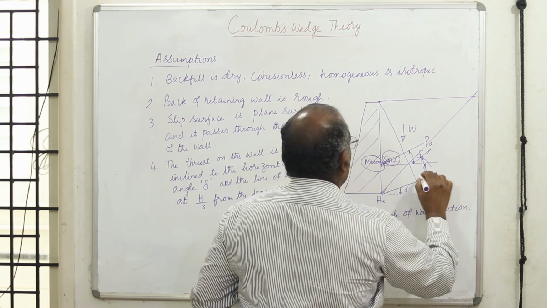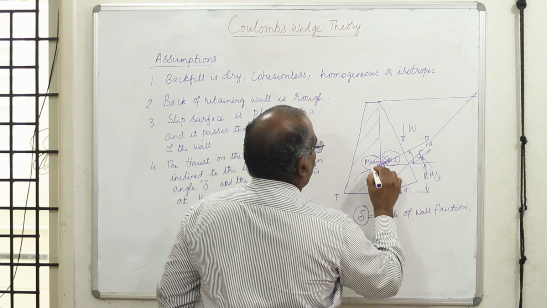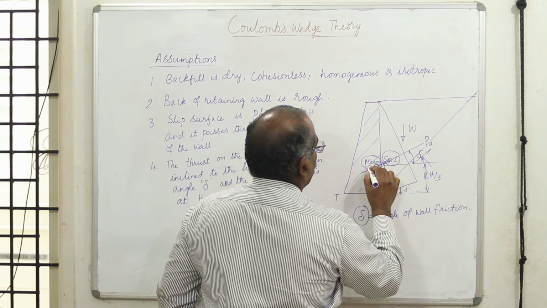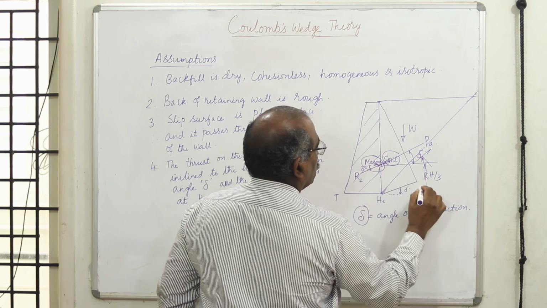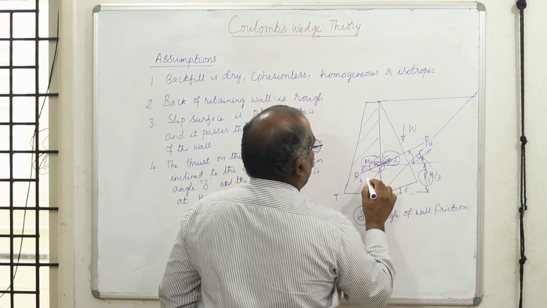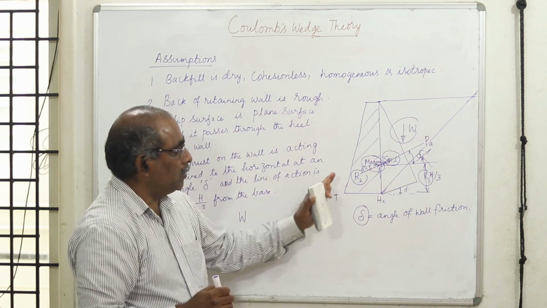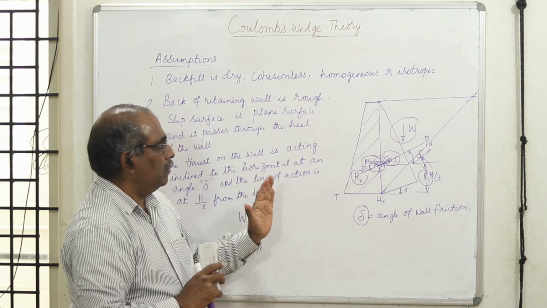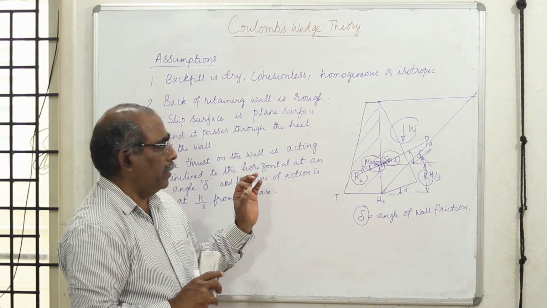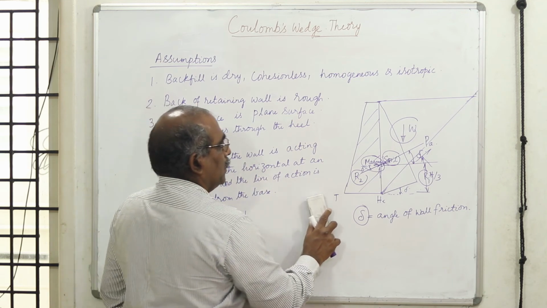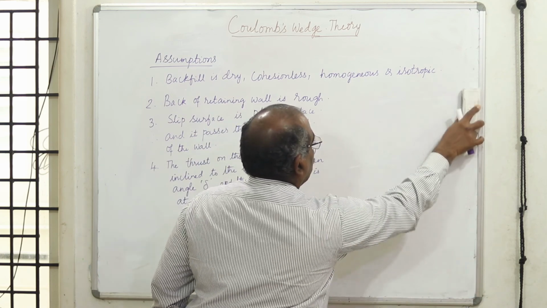This will be inclined at an angle delta, and this is the resultant R2, this is resultant R1. R1, R2 and W, all three are in equilibrium, and because of that it is in a static condition, it is stable. It will be, however, on the verge of plastic failure, meaning plastic movement. At that limiting condition, we try to find out the active thrust.